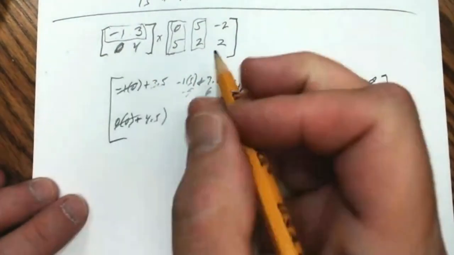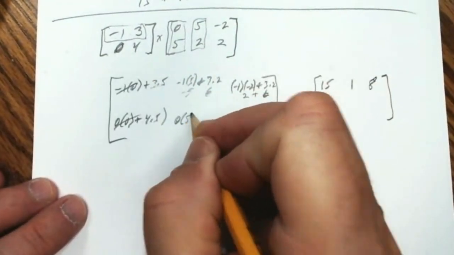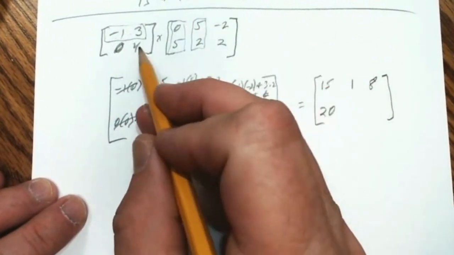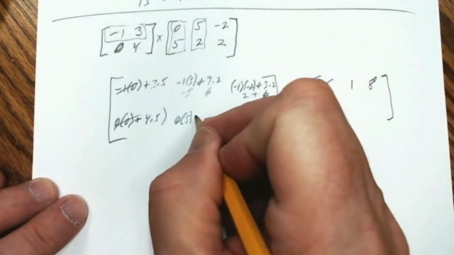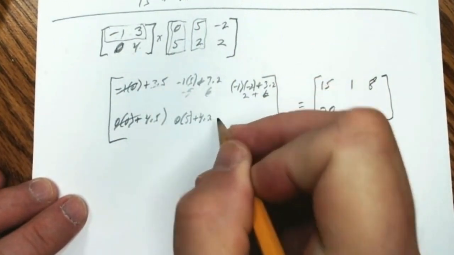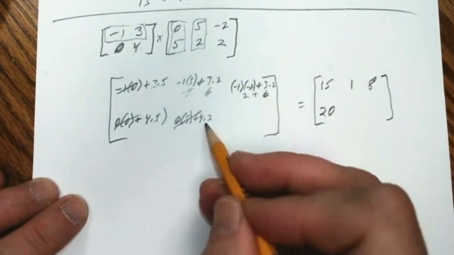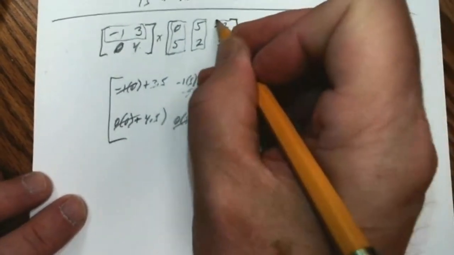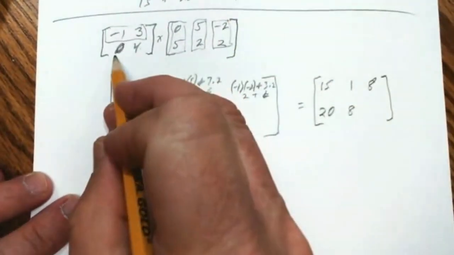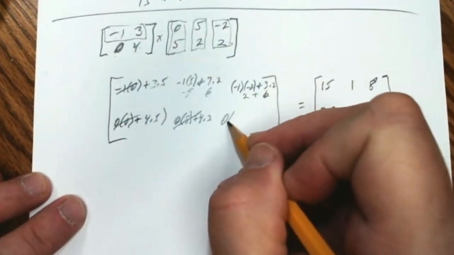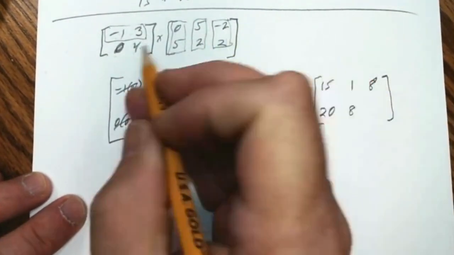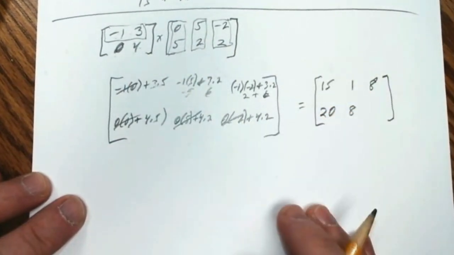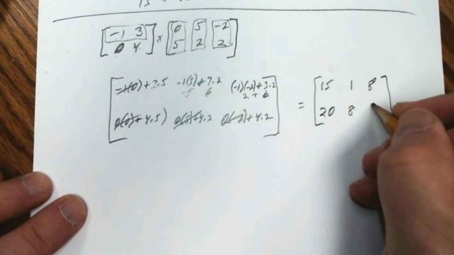Now we've got 0 times 5, because we're going to the second column now, plus 4 times 2. 0 times 5 is 0, 4 times 2 is 8. Now the last column, 0 times negative 2 plus 4 times 2. Well, again, that's 0. 4 times 2 is 8.